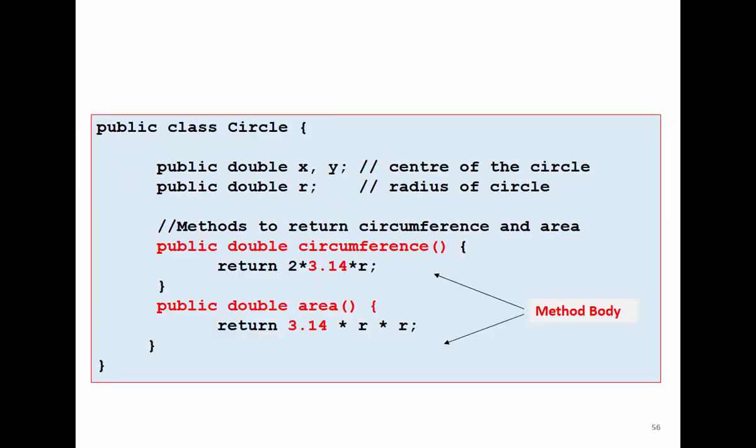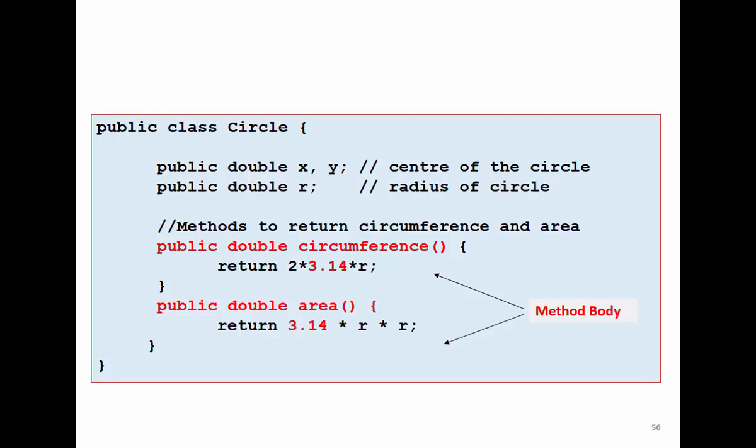We have defined two methods, public double circumference to calculate the circumference of the circle, and also public double area. And you can see the body of the method. There is only one statement in the body of the method. Return 2 times 3.14 times R. Now I can use the Math class, Math.PI, if I would like, but I hard-coded, which is not a good practice, to hard-code this constant, which is 3.14, which is pi.